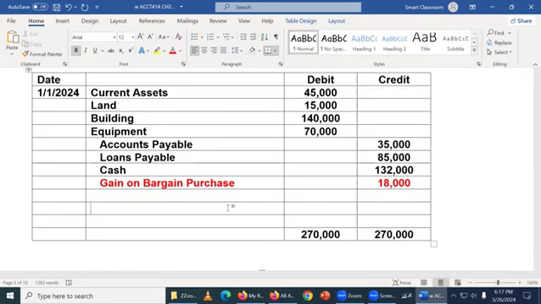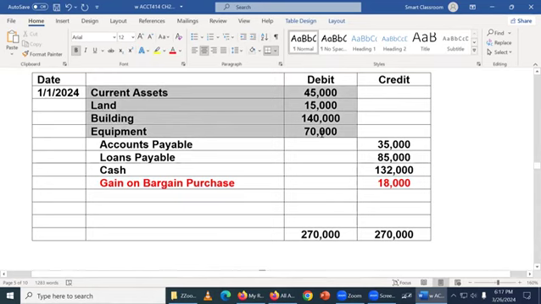In the past, we used to take this 18,000 and subtract it out of these assets. But there's a problem with that too, because now these assets are misstated. And it's very hard to know how well management's doing because these assets are misstated too low. So that's why we recognize it. I'd have to read about the reasoning.